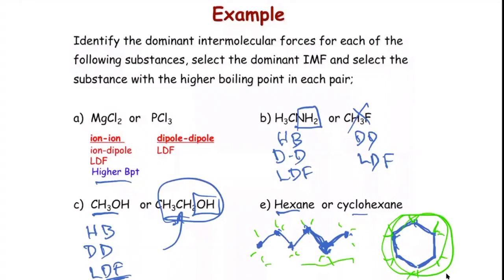If you look at a compact one, which would mean that the electrons are tightly held, versus something like this, which is going to be bigger, then again, the bigger the chemical species, the stronger the London dispersion force. So these 2 chemicals are only nonpolar, so they only have London dispersion force, but this would have the higher boiling point because it's going to be stretched out to a greater degree.